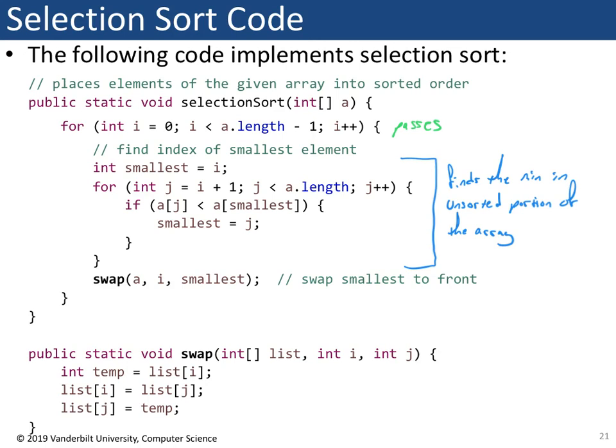Once we've found that smallest index, we are going to swap the value stored in the current selection with the value stored in the smallest index. So this puts our next smallest value into our current selection. And this is the typical swap logic that we've used multiple times.